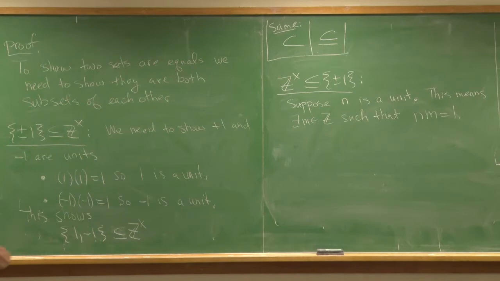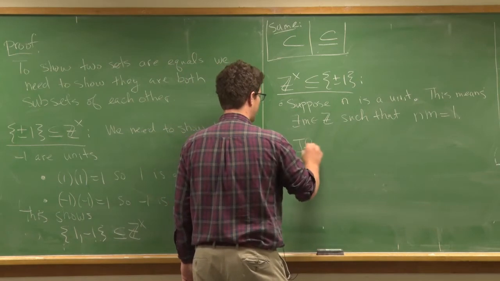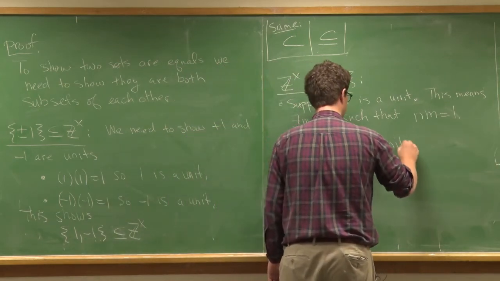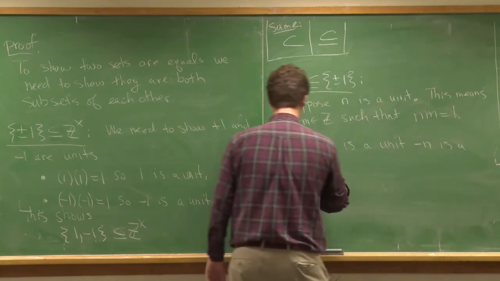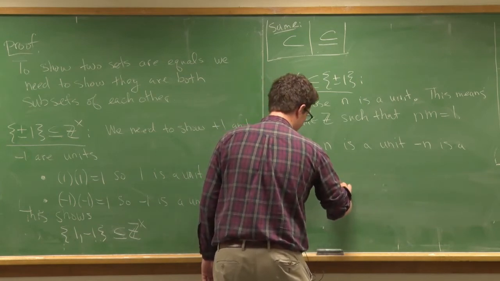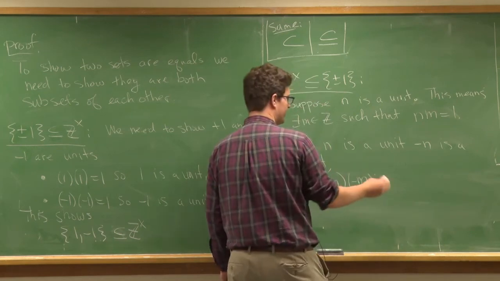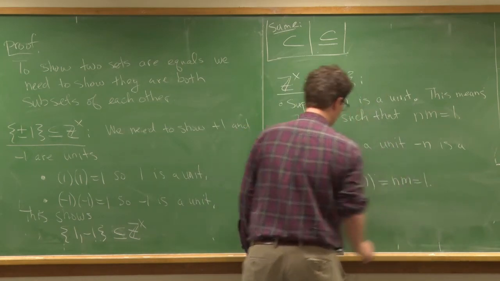OK? I claim that minus n is also a unit, right? If n is a unit, minus n is a unit. So let me just write what that is. Minus n times minus m is equal to 1 as well. OK?